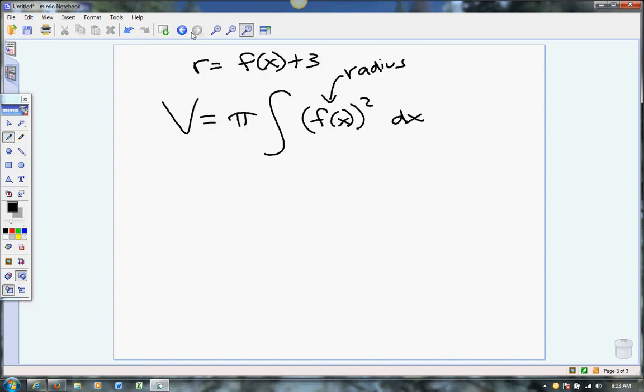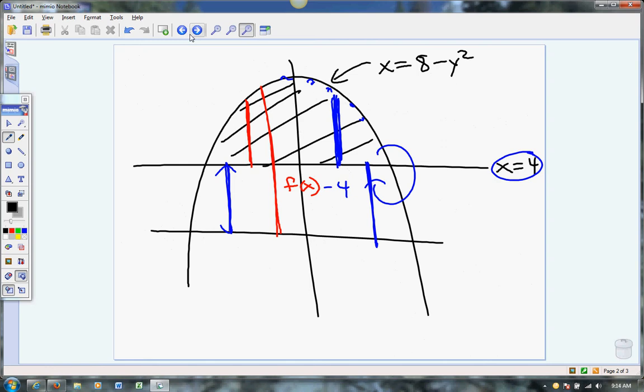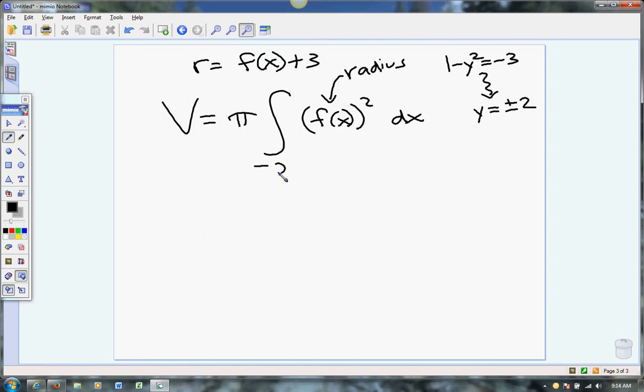If I set 1 minus y squared equal to negative 3 and solve it, I get that y equals plus or minus 2. So back on my picture, that means this coordinate right here is negative 2, this coordinate is positive 2. So those are my points of intersection, which are also my limits of integration.